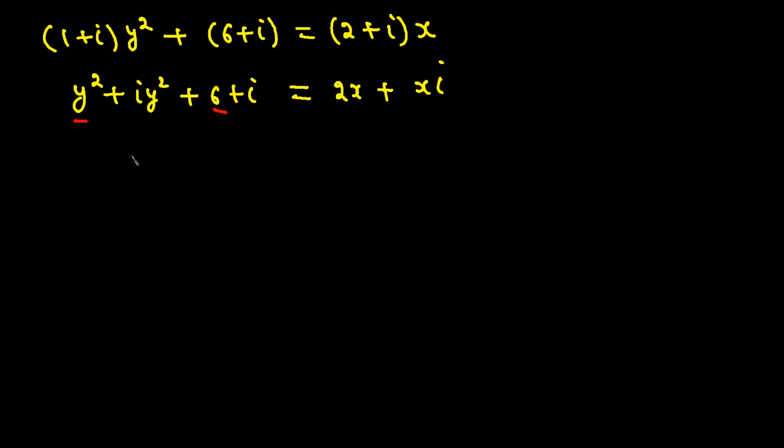I'm gonna write them together. So y square plus 6, this is imaginary, this is imaginary. I'm gonna write them together. I'm gonna take iota out, common factor, so inside the parentheses I left with y square plus 1 because I took iota out. So iota times y square gives me this term, iota times 1 gives me this term. This is equal to 2x plus x iota.